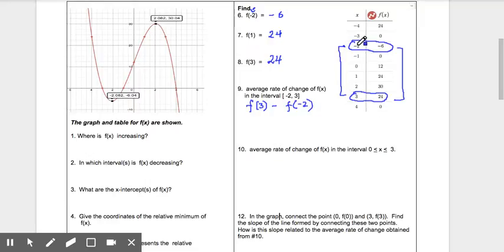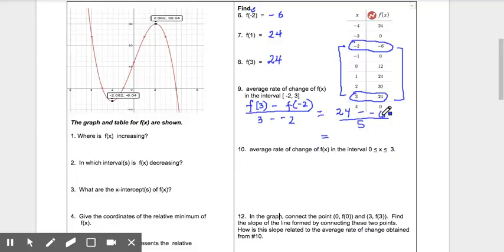So f of 3 minus f of negative 2 over 3 minus negative 2. So f of 3 is 24 minus f of negative 2 is negative 6 over 3 minus negative 2 is 5, because this turns to positive.